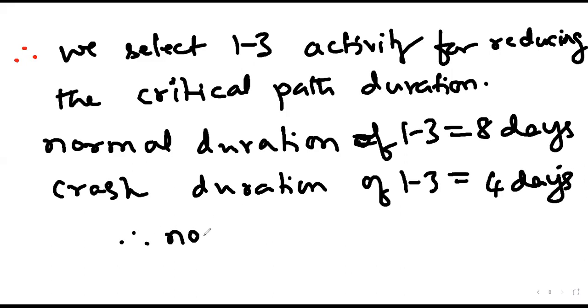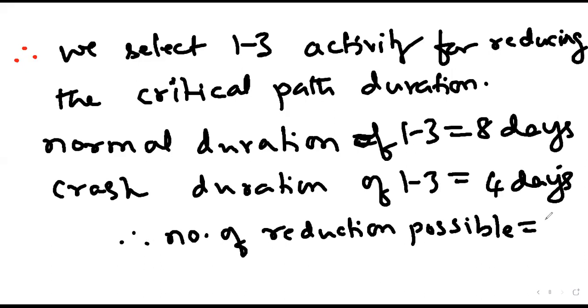Therefore, the number of reduction possible is... So all these steps are not required. In the examination, you can directly write the number of days it has to be reduced, and you can continue with the calculation. But here, since it is the first or second example, we have to write each step. So, what is the total number of reduction possible here? 4 days.